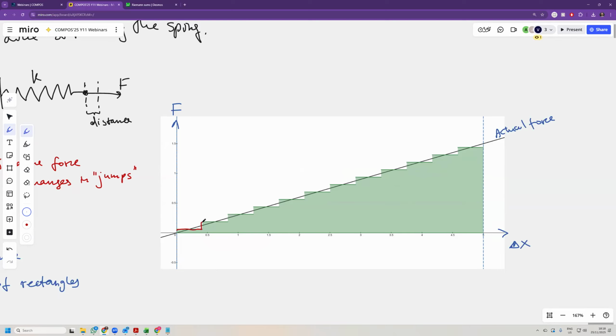So it goes bam, bam, bam, like this. So here, for example, let's say this one, F is 0.5, and the distance is 1.25 to 1.7, so 0.5. So the work is 0.5 newtons times 0.5 meters, which is 0.25 joules. So the work here is 0.25 joules, and it's also equal to the area.